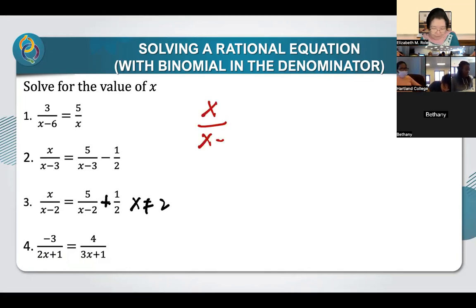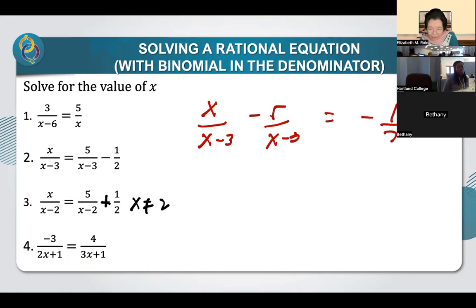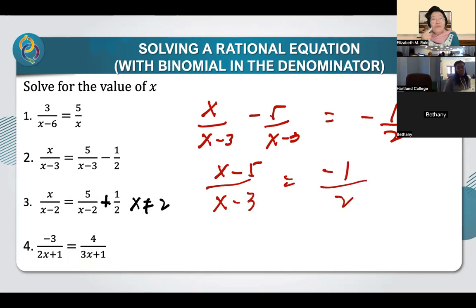You say x minus 3 minus 5 over x minus 3 is equal to minus 1/2. So you got x minus 5 over x minus 3 is equal to minus 1 over 2. Always put the sign in the numerator so that you don't get confused.